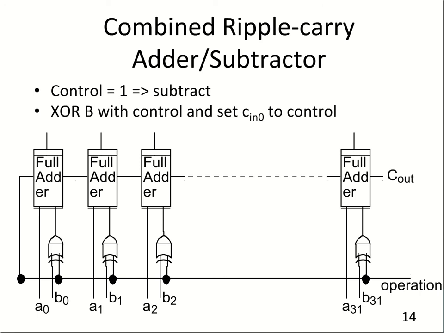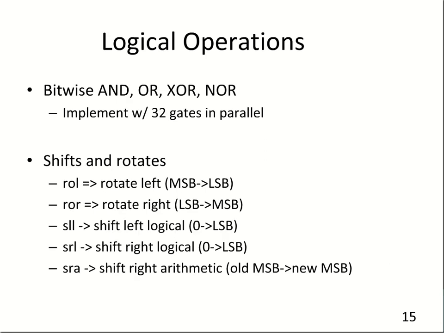If the right-hand input is a 0, it'll simply pass through the left-hand input. That allows us to conditionally complement the second operand. Similarly, that operation input is fed into the carry in of the least significant bit position. So whenever operation is 1, we'll be doing a subtraction of A minus B. Whenever operation is 0, we'll be doing an addition of A plus B.